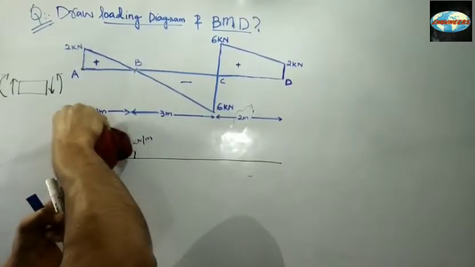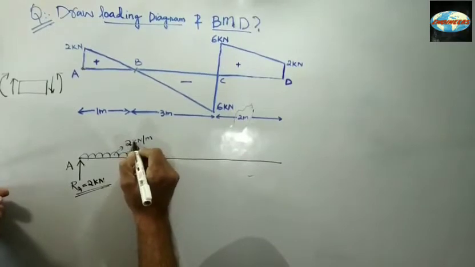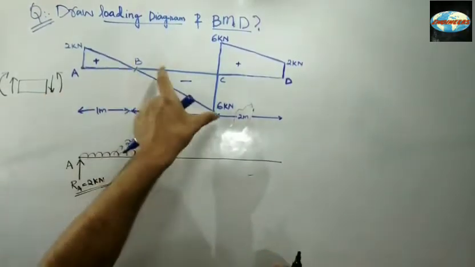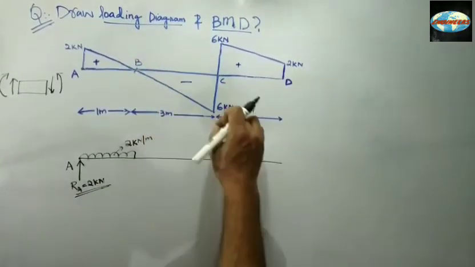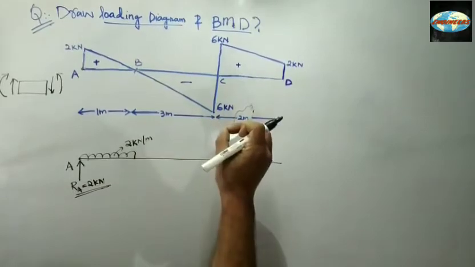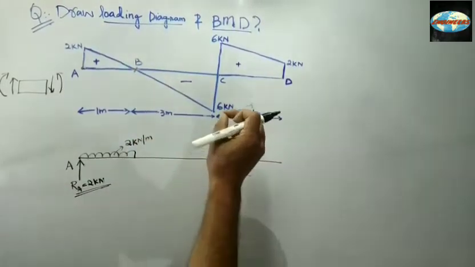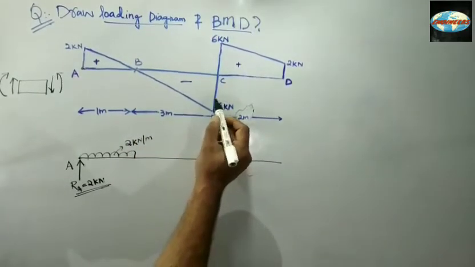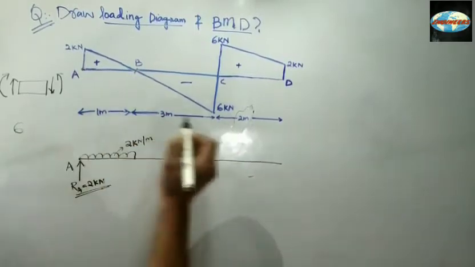It's so simple. Now let's come to this part, B to C, this inclined part. As I told you earlier, whenever we have an inclined shear force diagram, the part is subjected to UDL. To calculate the intensity of the UDL, what is the final value?